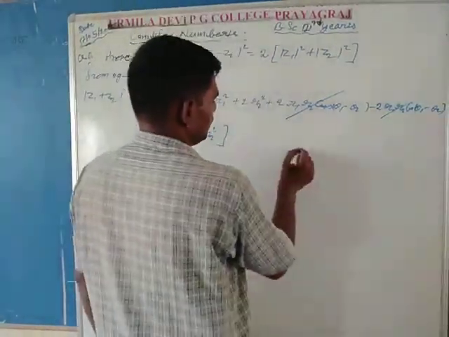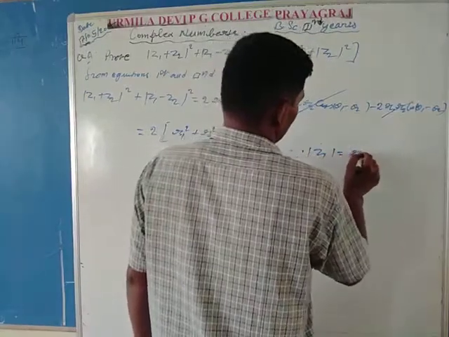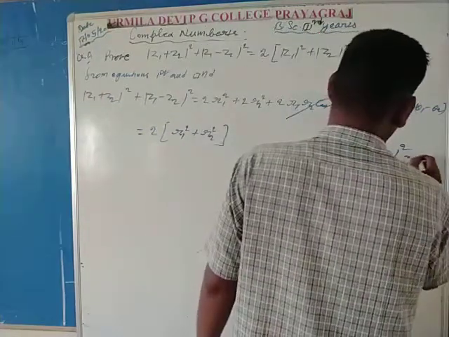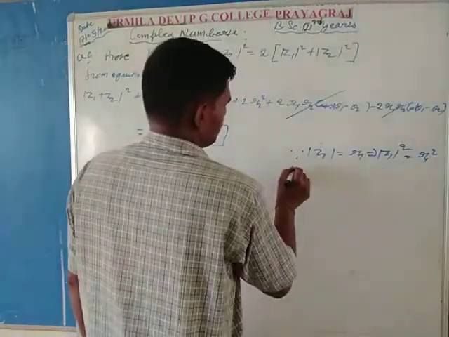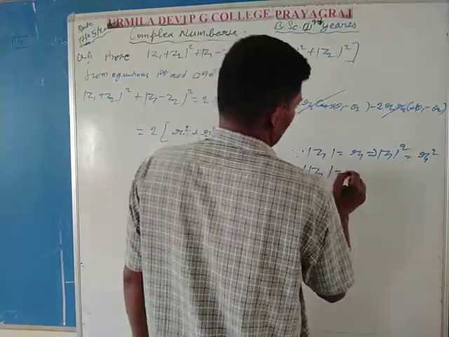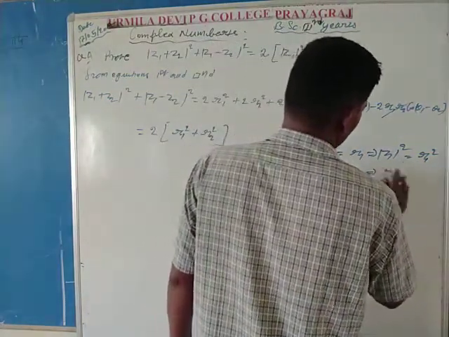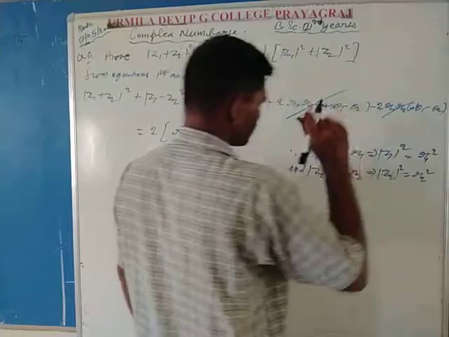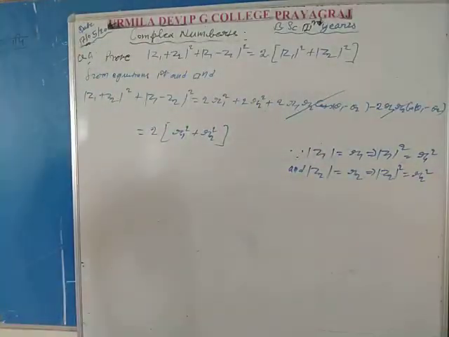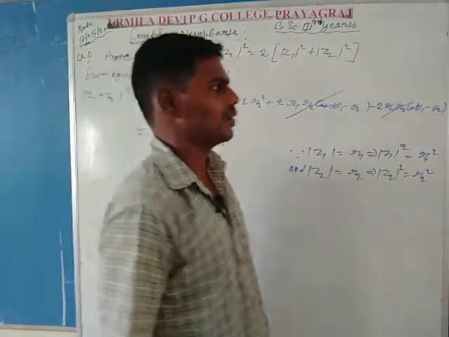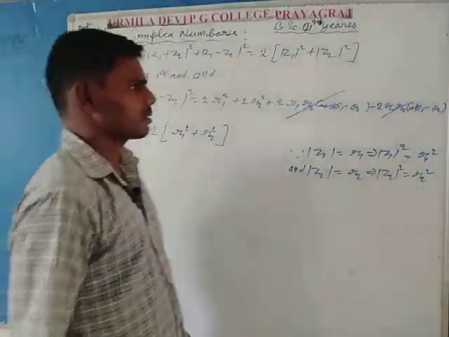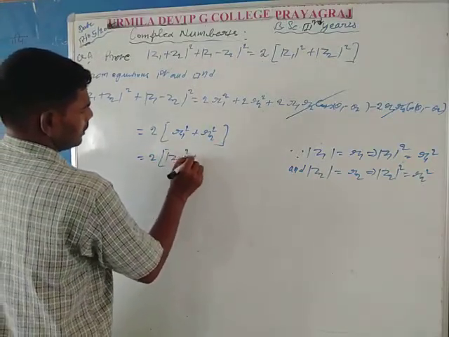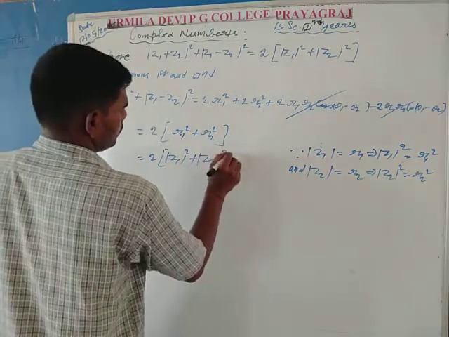Therefore, here you can write mod z1 is equal to r1, which implies mod z1 whole square is equal to r1 square, and mod z2 is equal to r2, which implies mod z2 square is equal to r2 square. So replacing r1 square and r2 square by the moduli, it is equal to 2 times in bracket mod z1 whole square plus mod z2 whole square.